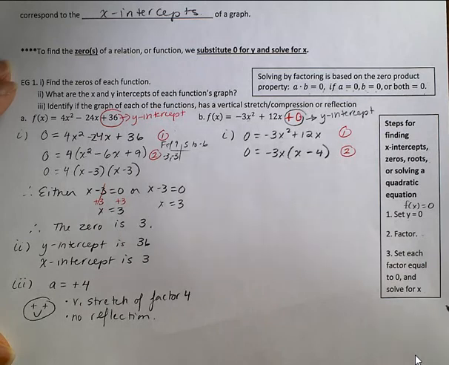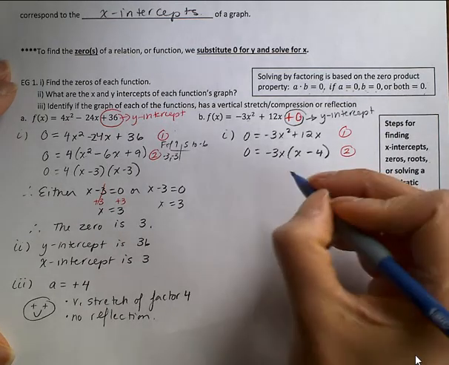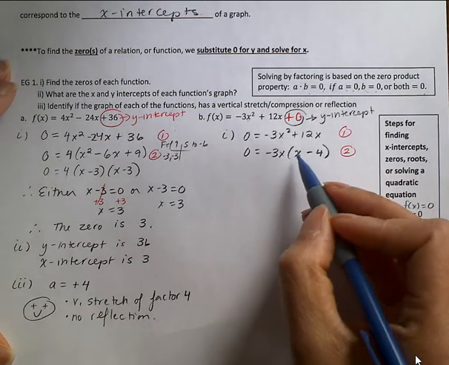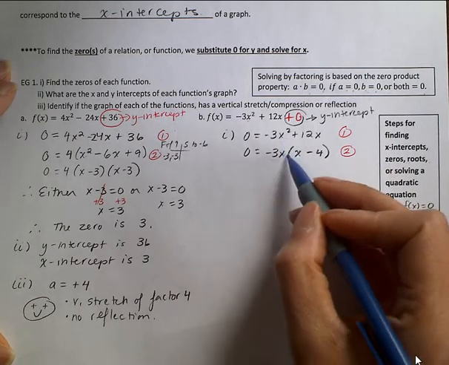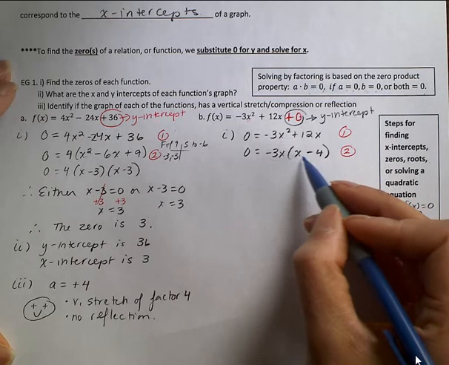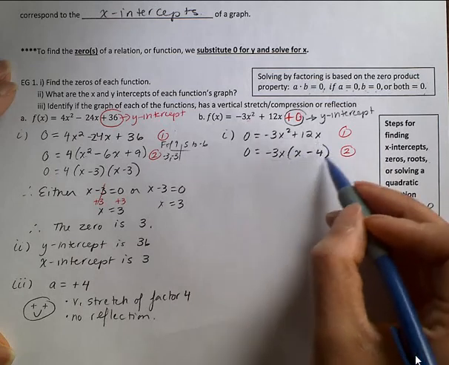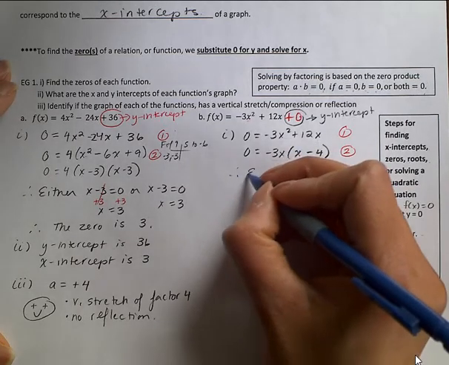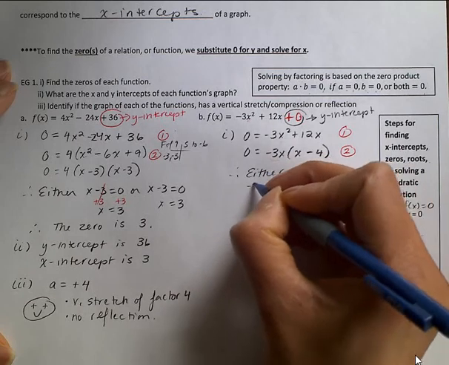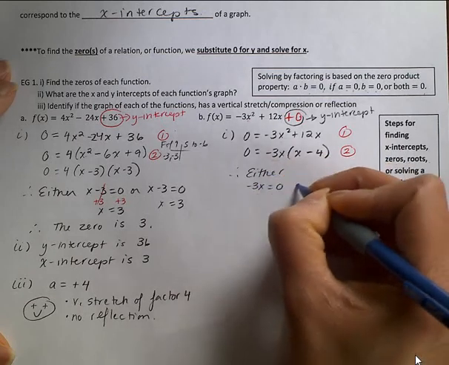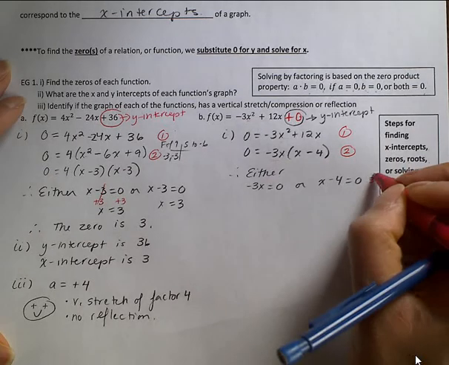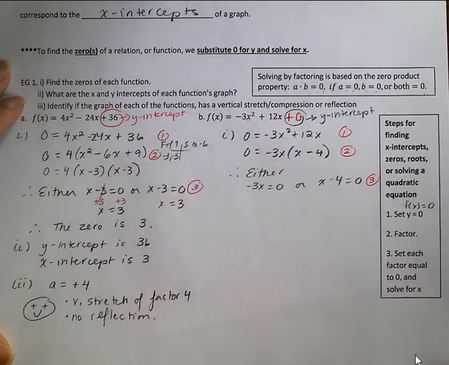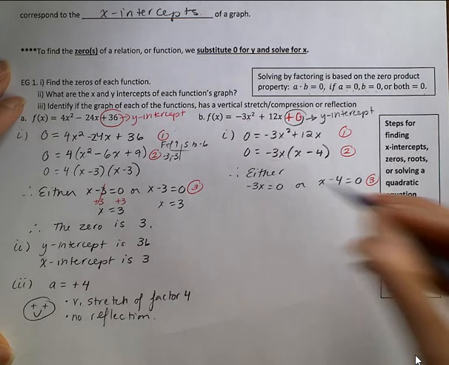We're going to set each factor equal to 0 and solve. So again, the only way for me to multiply two numbers together and get 0 is if the first number is 0 or the result of the second expression is 0. So therefore, either negative 3x has to be 0 or x minus 4 equals 0. Okay, so this was all part of step 3. I forgot to write that down on this side too. And then we solve each of these equations.